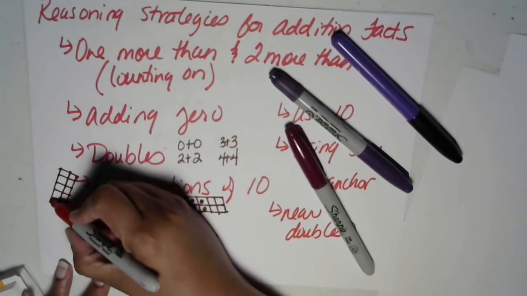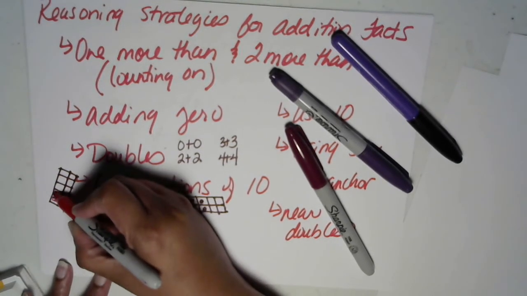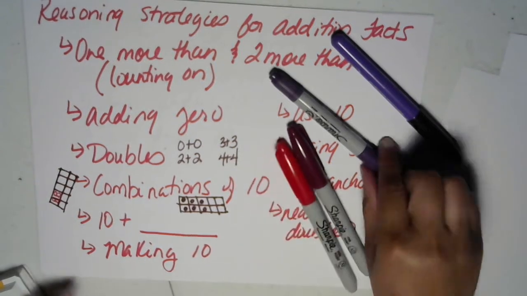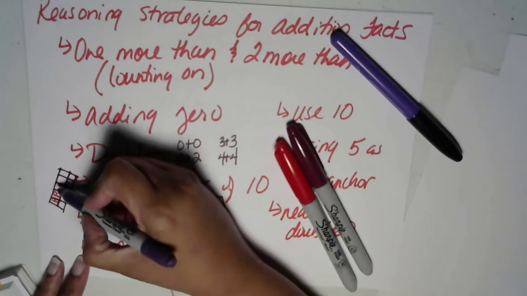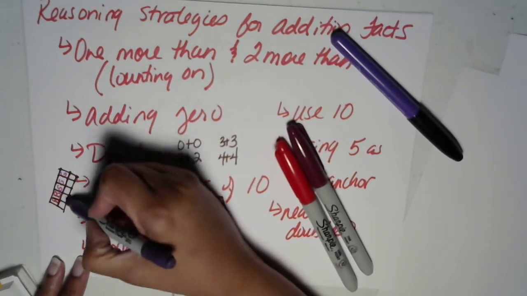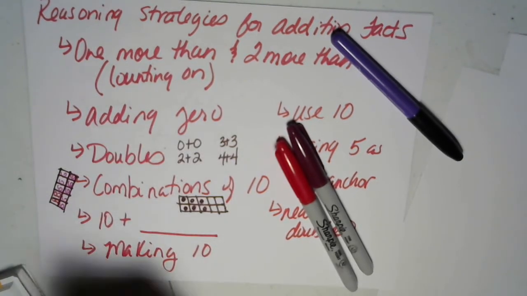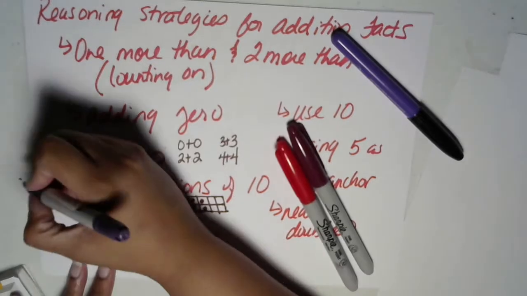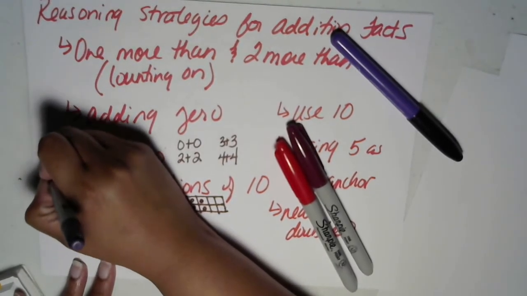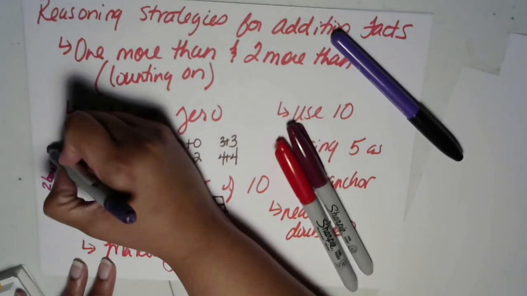So here's a boy, here's a boy, and then we could say the rest would be girls. How many girls? Little kids, kindergarten, can do this. And then you would attach a problem to this.